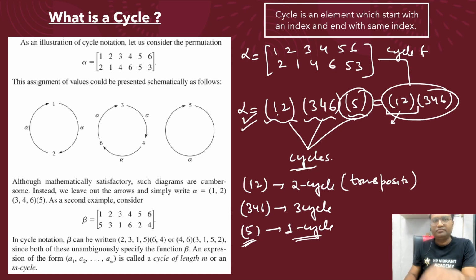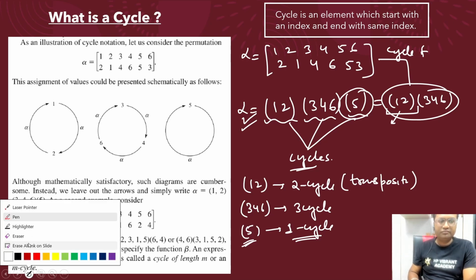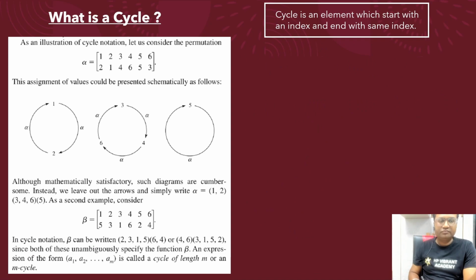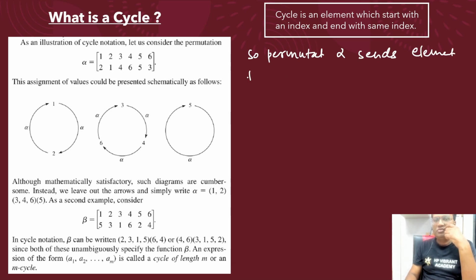Okay, so the permutation alpha sends an element to the next element. Suppose we have a cycle like this, (a1 a2 a3 ... am).